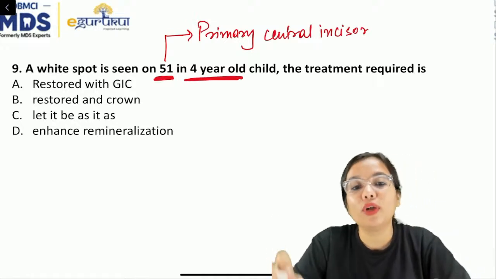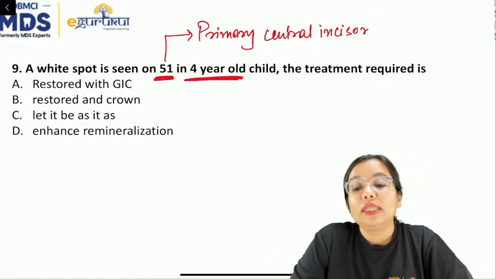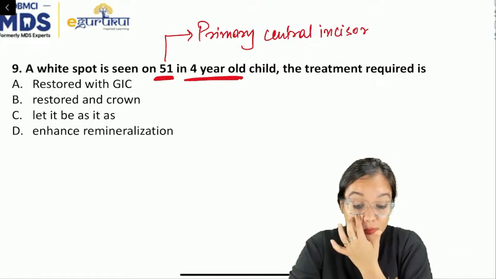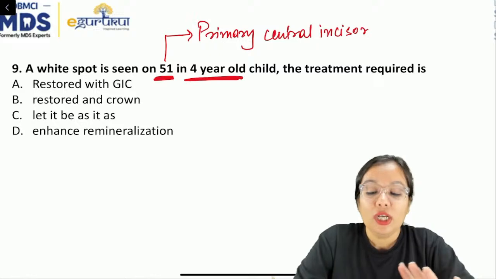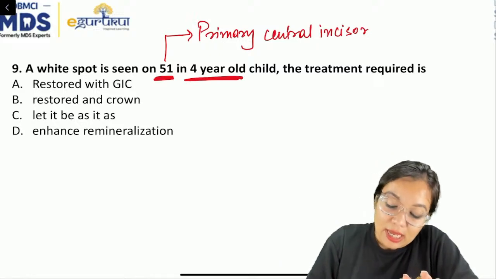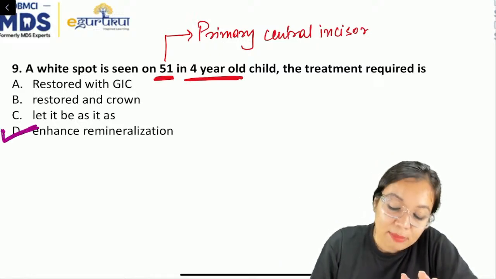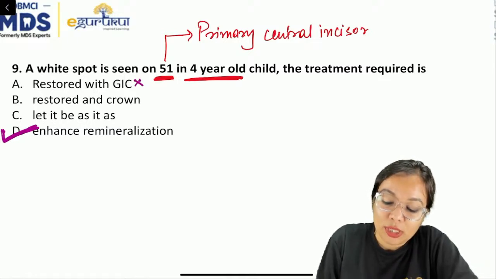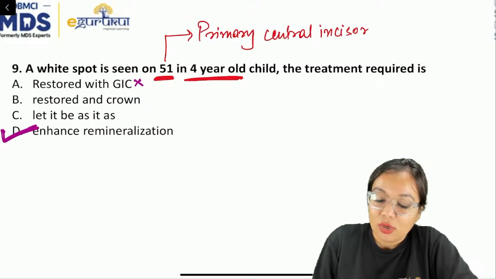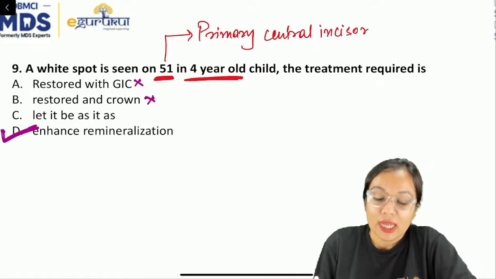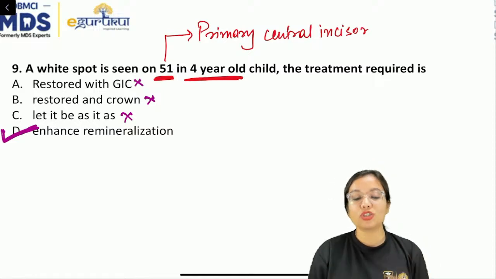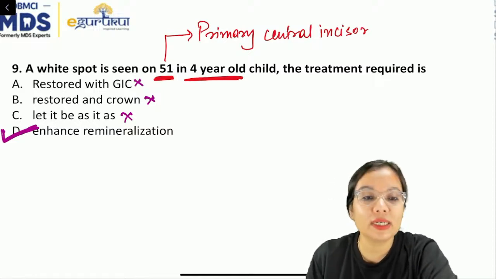The treatment required is, what is the treatment required? It's a white spot lesion. So the answer here is just enhance remineralization. It is just a white spot lesion, so there is no need of restoring with GIC, no need of a crown obviously. Let it be as it is. Why? You are seeing a white spot lesion. So just go for enhancing the remineralization.